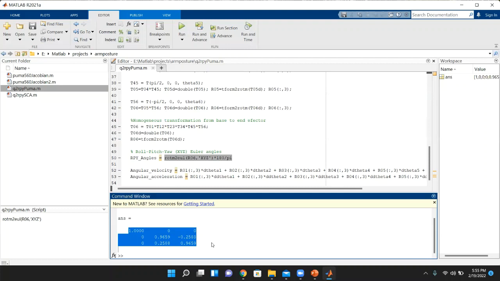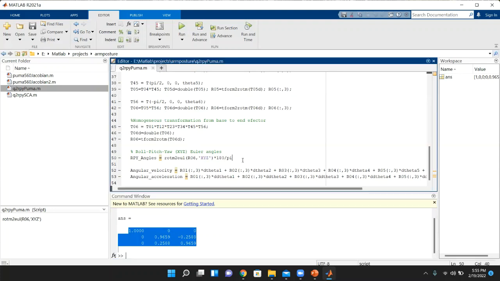So, if you have the rotation matrix and you want to find out what are the 3 angles around x, y, and z, right? MATLAB provides this command, ROTM2EUL, rotation matrix to Euler angles, right? Then you have these arguments R06. Don't worry about that. This is a matrix. And then after that, I have this within the inverted commas X, Y, Z. So I asked MATLAB, I want in this configuration, X, Y, Z configuration, not Z, Y, X or any other.